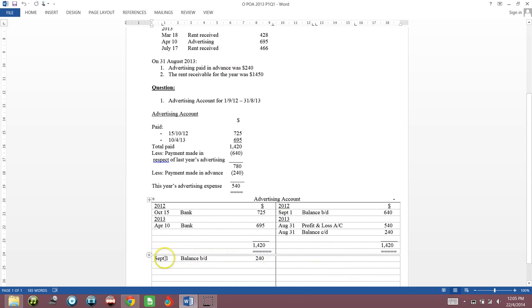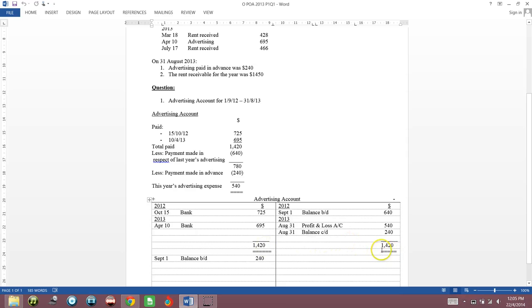So that's why I can do this first: September 1st, balance brought down 240. Then the balance carried down will be on the opposite side, so I put here 31st August, balance carried down 240. Then I draw two lines on the same level, both sides, and check which side is bigger. When I calculate, I find that this side is bigger, so I put 1420.